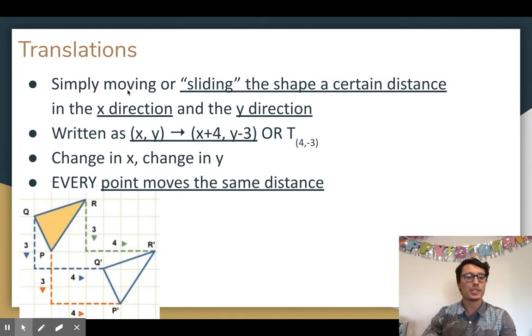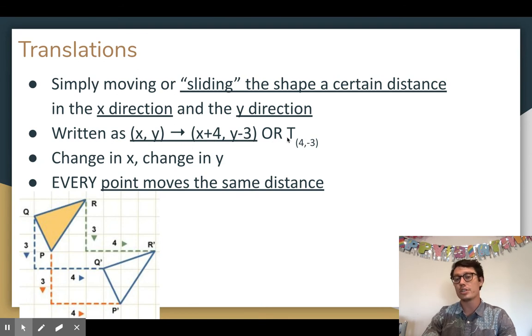Okay, so translations is simply moving or sliding the shape a certain distance in the x direction and a certain distance in the y direction. This is how we write the rule. This is the most common way you will see it. It is written as (x, y) arrow. This arrow means changes to (x + 4, y - 3).